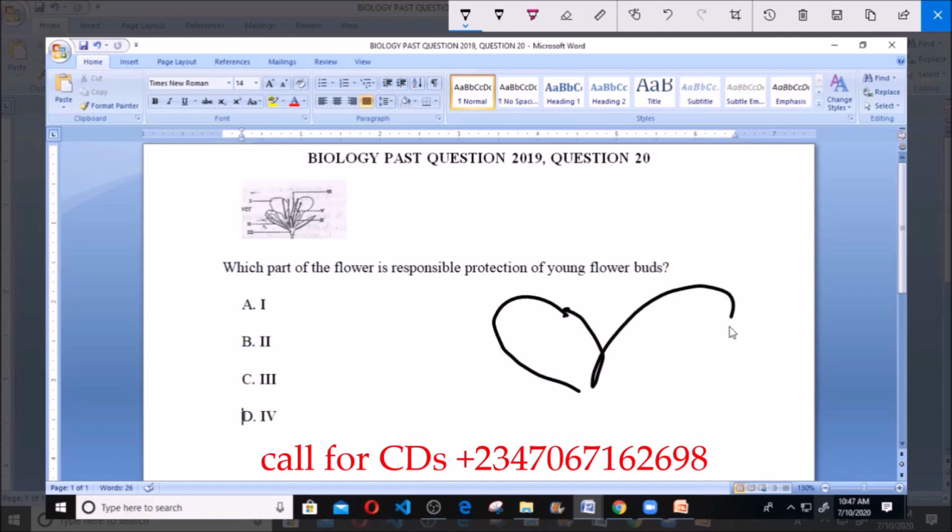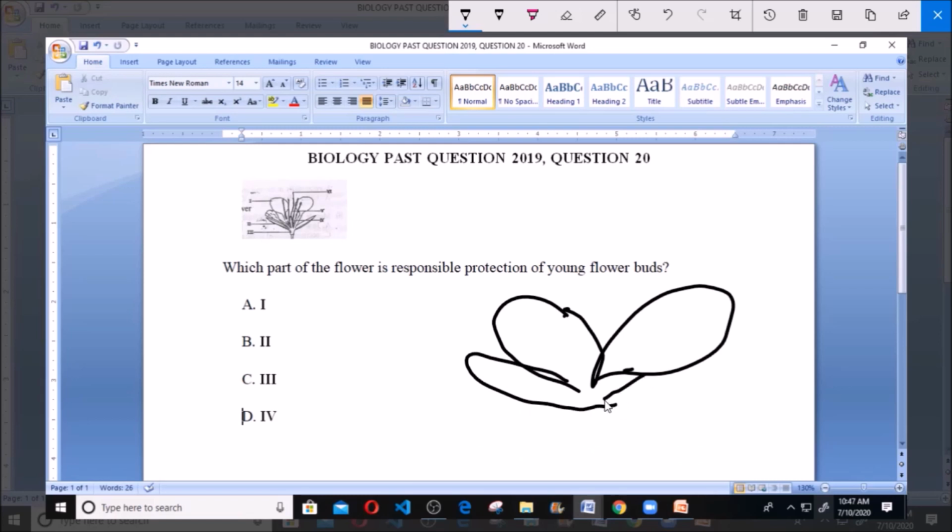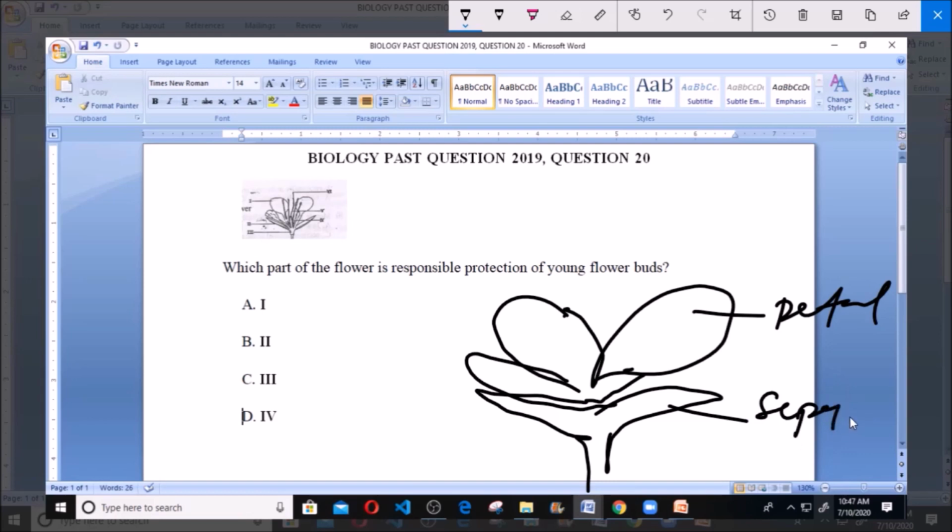We have something like this, then we have something like this, and this is the petal. This place is the sepal.